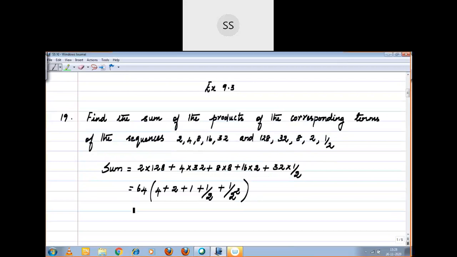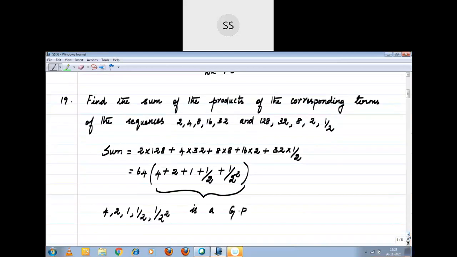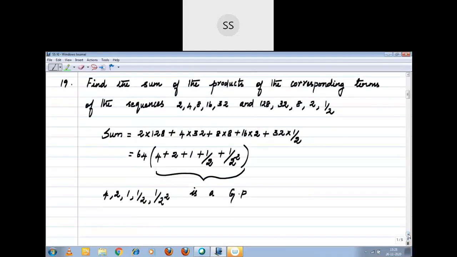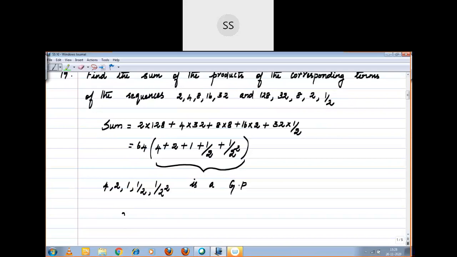Right? See here. The curly bracket 4, 2, 1, 1 by 2, 1 by 2 square form a GP. That's why I mentioned it as a curly bracket there. Now, what is my A? A equal to 4. What is R?